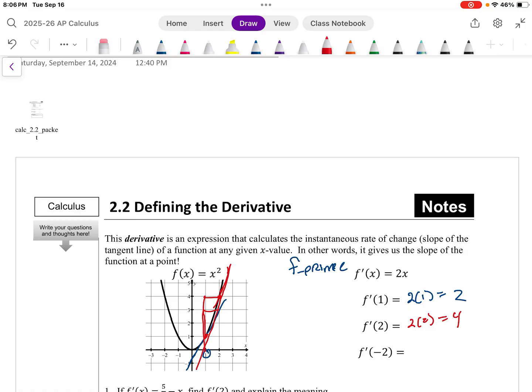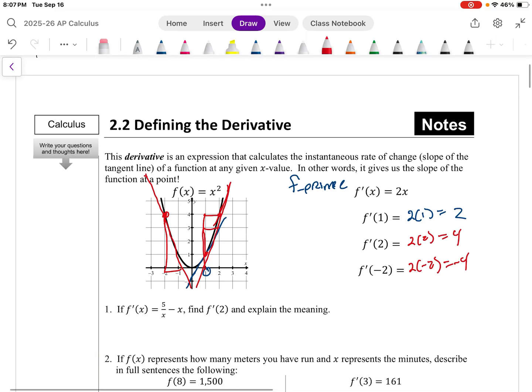On the other side, f prime of negative 2 would be 2 times negative 2, which is negative 4. That would mean at this location, if we drew the tangent line, it would have a slope of down 4 over 1. It's hard to freehand those lines, but that's basically what's taking place here.